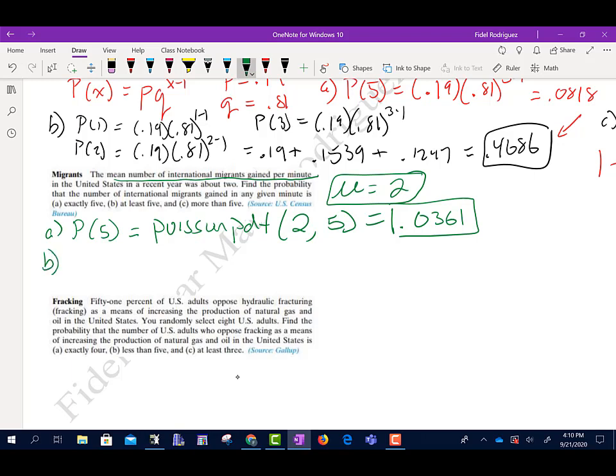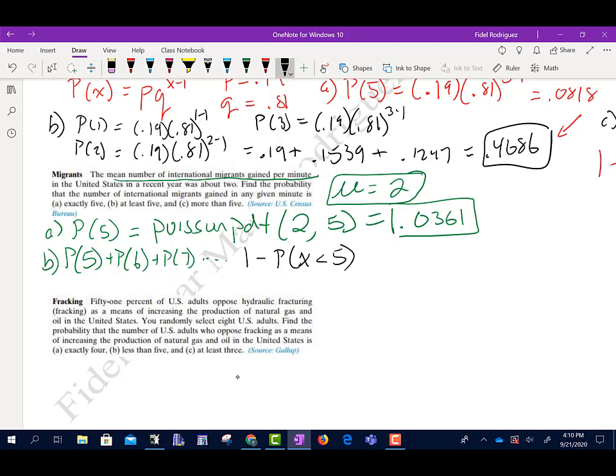Part B says at least 5. Remember what at least 5 means: 5 or 6 or 7, so on and so forth. Because I'm never going to end there, I need to do 1 minus the probability that it is less than 5.